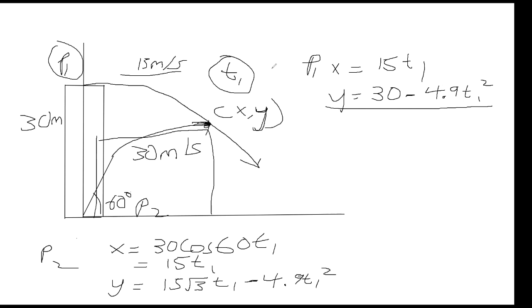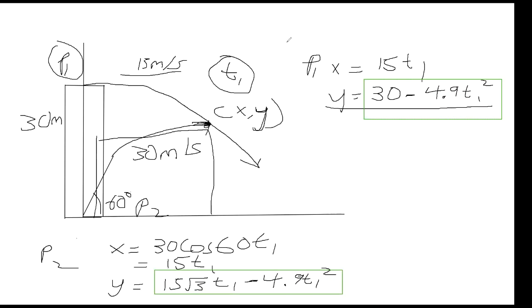So the nice thing is, look, this equation will equal that equation. So 15 root 3 times T1 equals 30. That's basically it. So T1 equals 30 on 15 root 3, which is 2 on root 3 seconds.